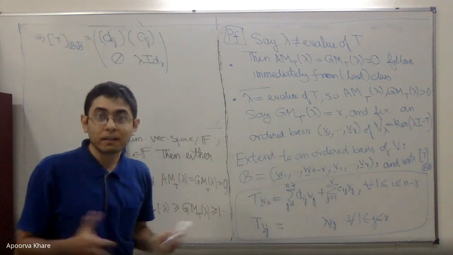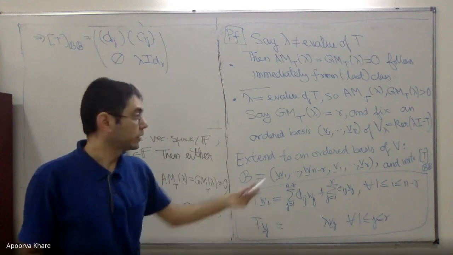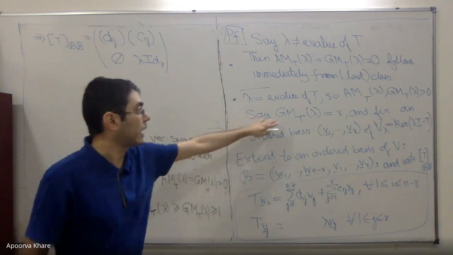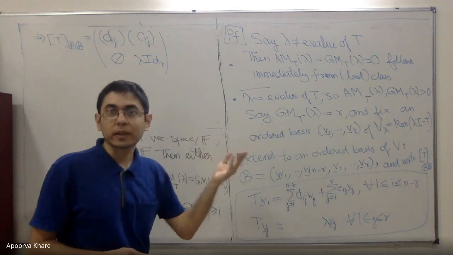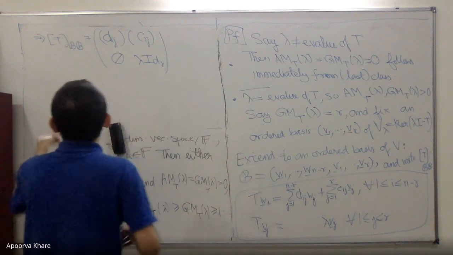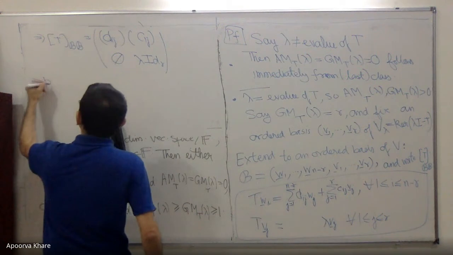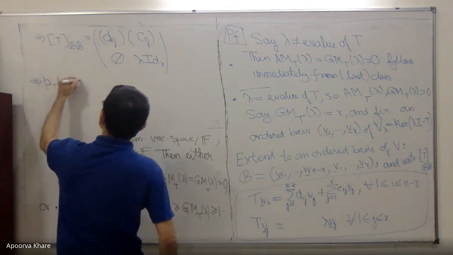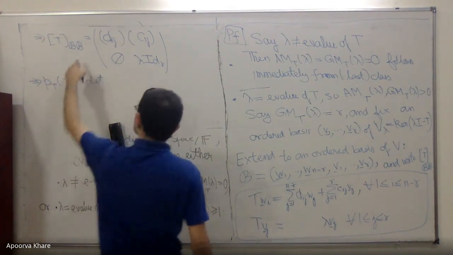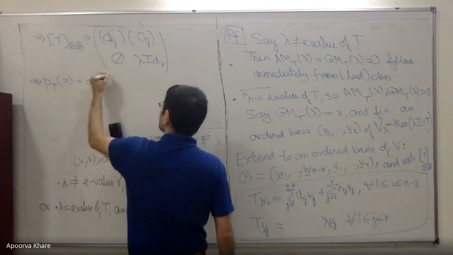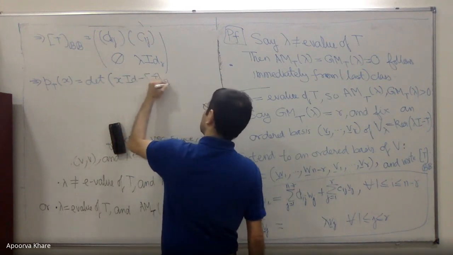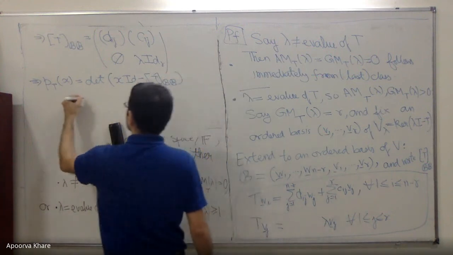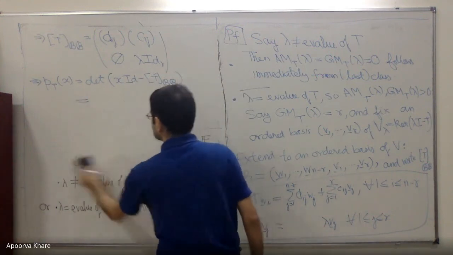R. Okay. And now I want to take the characteristic polynomial. I know the GM is R. I want to talk about the algebraic multiplicity. So I need to take the characteristic polynomial. So P_T of x, I can therefore say, is the determinant with respect to this basis of x Id minus T. And now again, what is this?